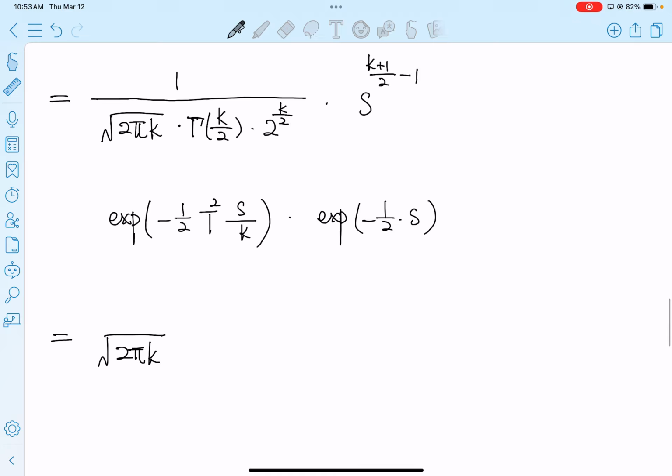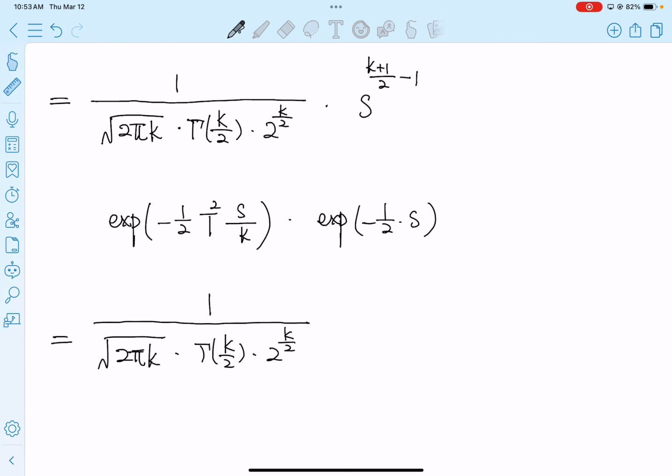Okay, so now let me just copy again the constant term. Now e of a multiplied by e raised to the power of b is equal to e of a plus b.